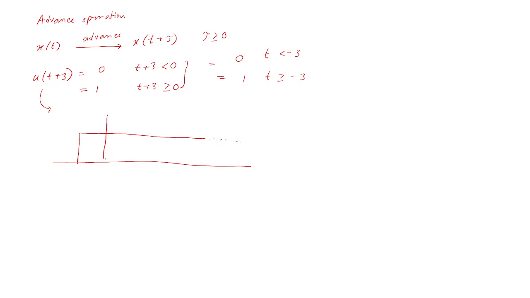It is something like that. It goes on, the unit step function u(t minus 3). So you see, now this function u(t plus 3), because of this advance operation, is going to have non-zero values for t negative.